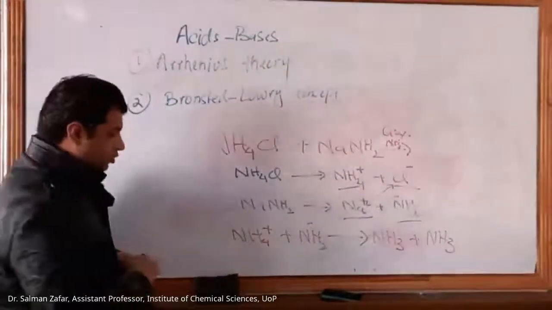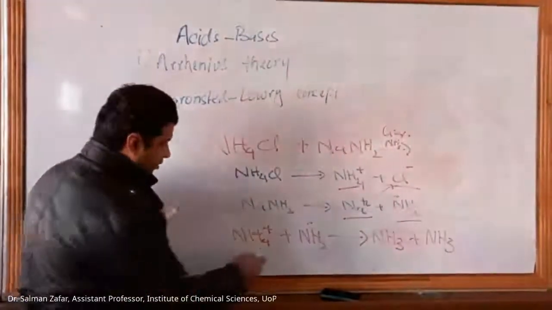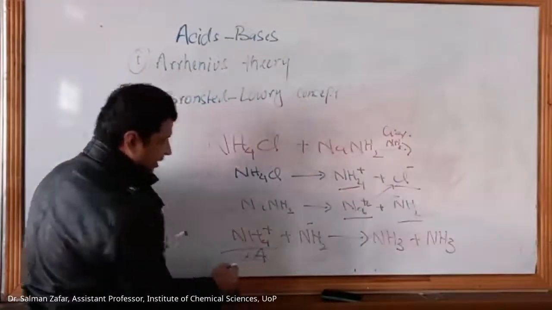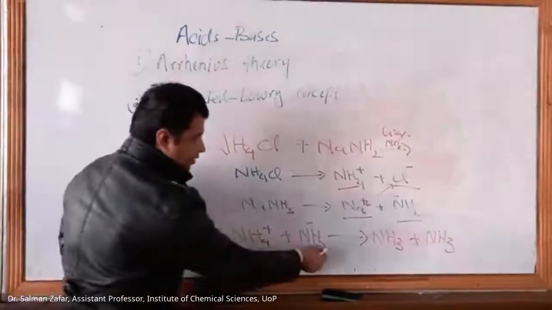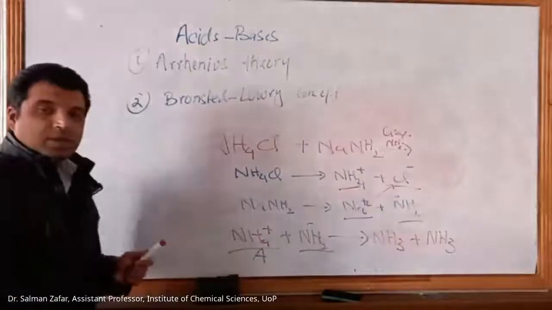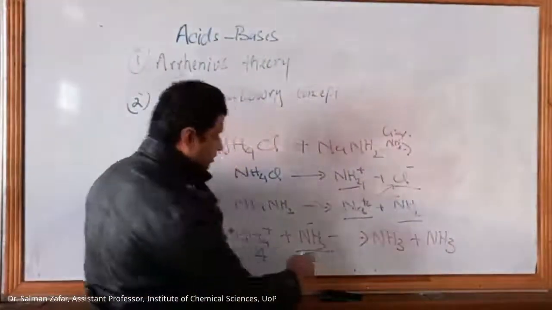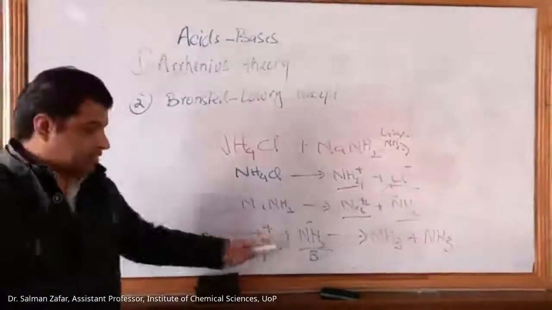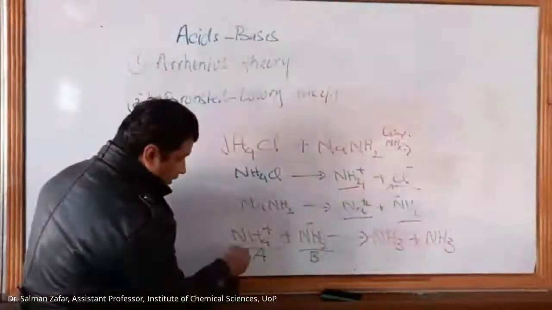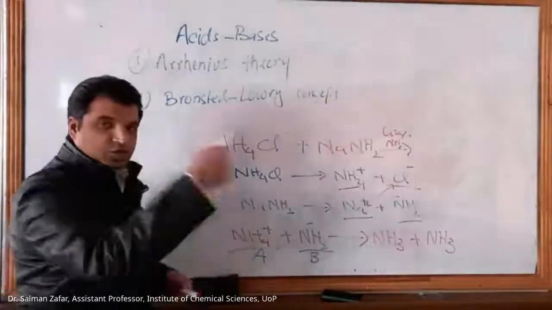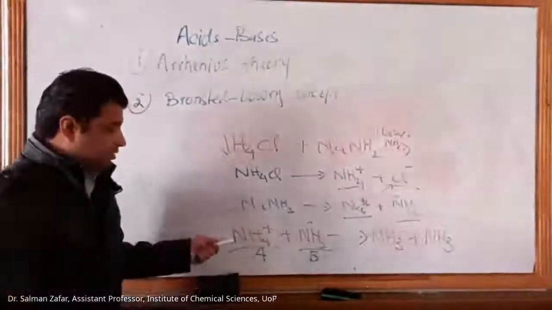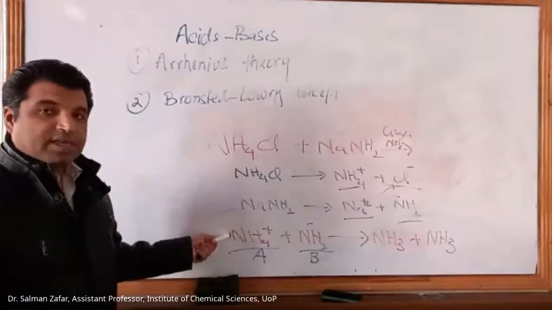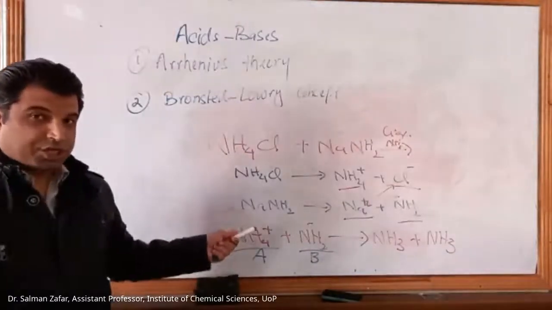Now, ammonium ion has donated a hydrogen ion. So anything that donates a hydrogen ion will be an acid, and this amide ion has abstracted, or accepted, a hydrogen ion. So anything that accepts a hydrogen ion is a base. Now, this ammonium ion, after donation of the hydrogen ion, is converted into NH3.